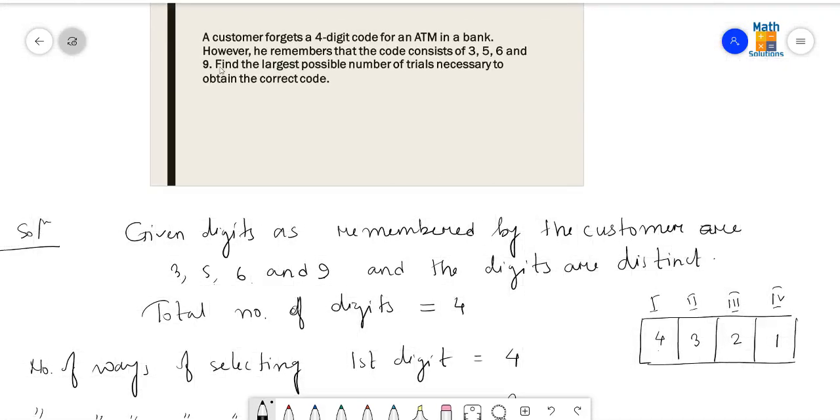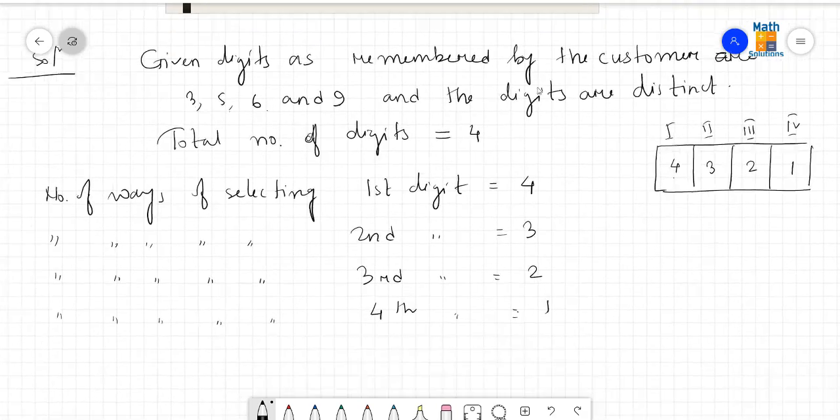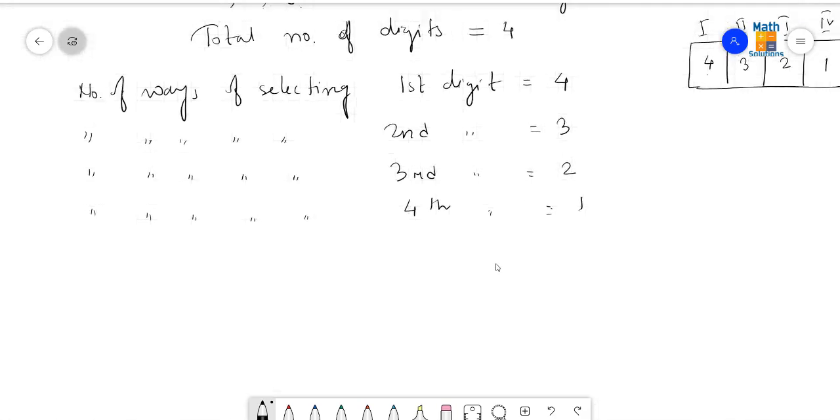The total number of possible sequences: the largest possible number of trials necessary to obtain the correct code. We cannot ignore any one of these 4 positions. That is why the fundamental principle of multiplication will be applicable here.